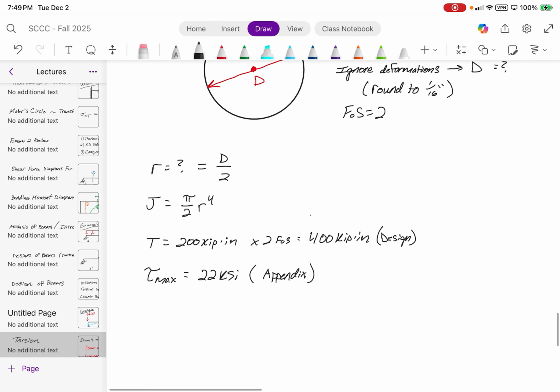All right, from there, what do you guys think we should do? What equation do you guys want to work off of?